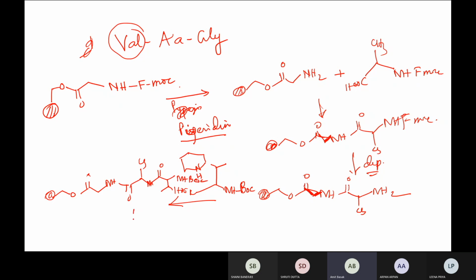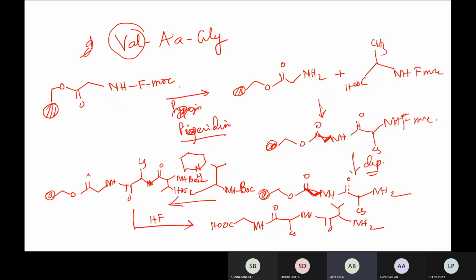So final step, you can just add your HF. So both of these become free. So you have CO2H, glycine, this is NH, CO, this is CH3, NH, CO, this is isopropyl, NH2.